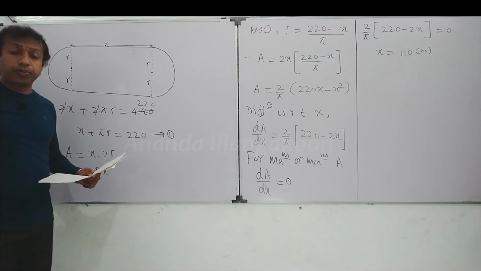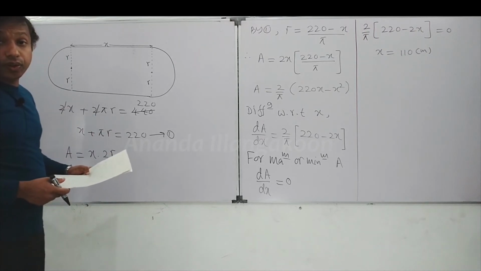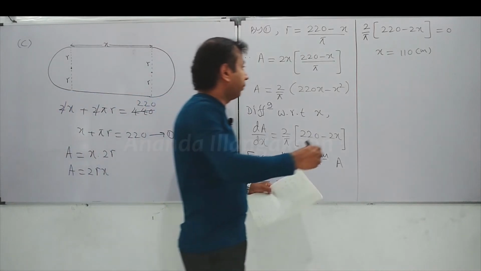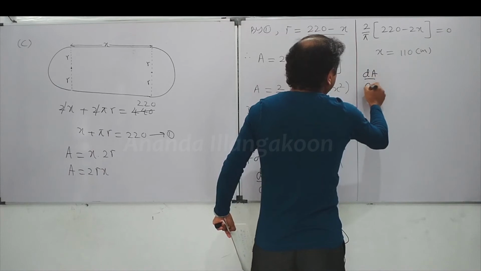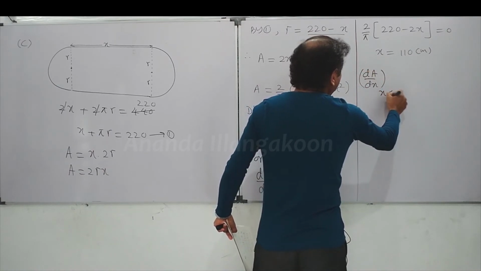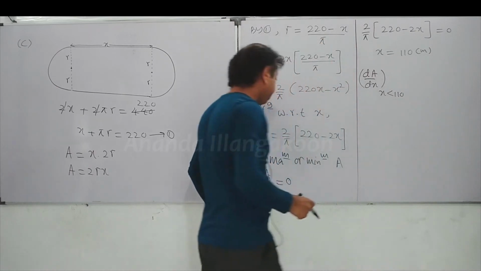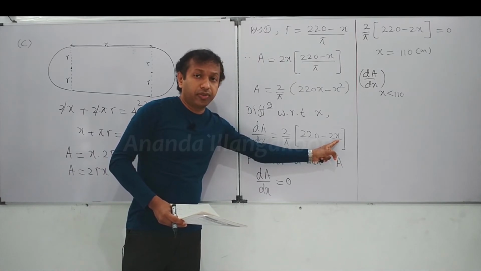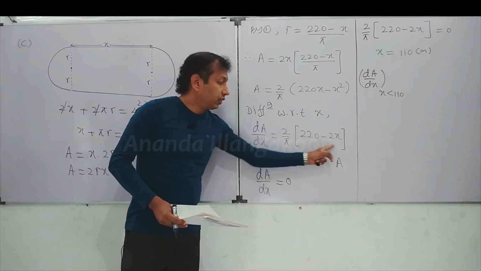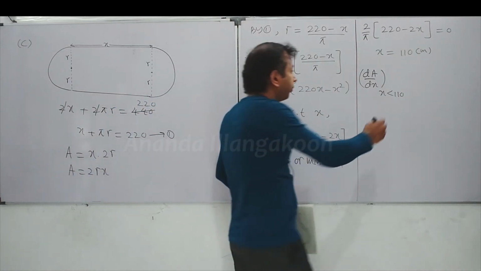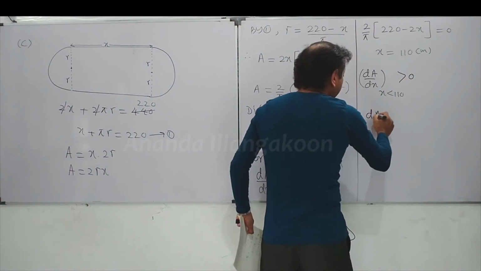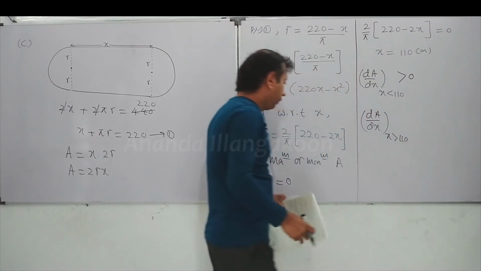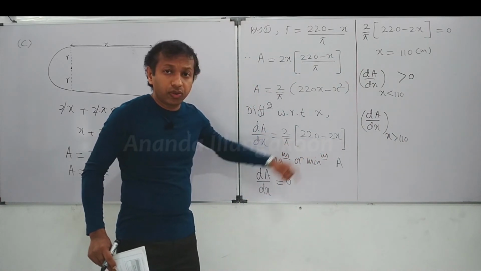the area A of the field is maximum. For this, we take the first derivative test. dA by dx for x less than 110 meters: you can see when I substitute for x less than 110, this difference will be positive. Next, dA by dx for x greater than 110, this difference will be obviously negative.